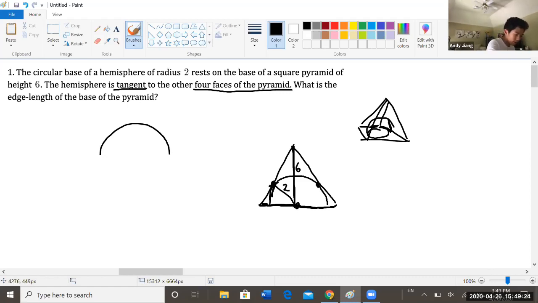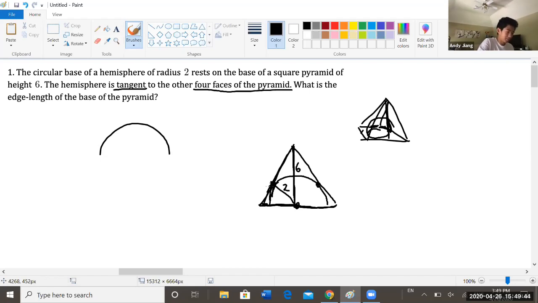And then it's tangent here because it's always tangent. It's going to be symmetrical, so it's going to be touching the square pyramid at the halfway points. So the more I explain this, the more confusing it gets.